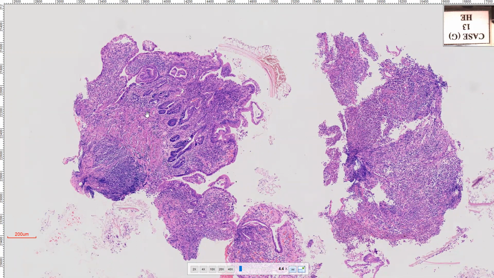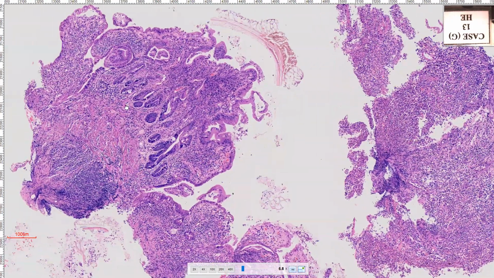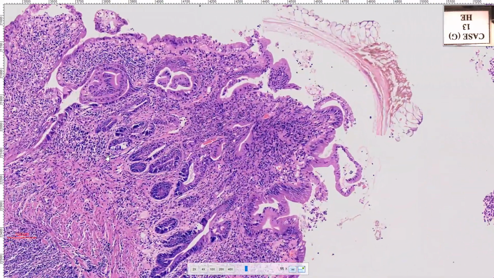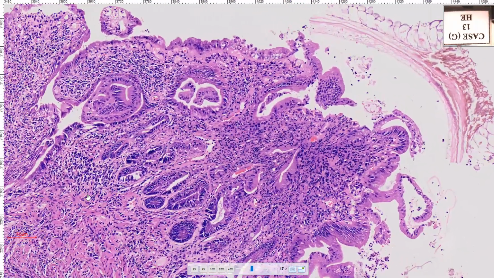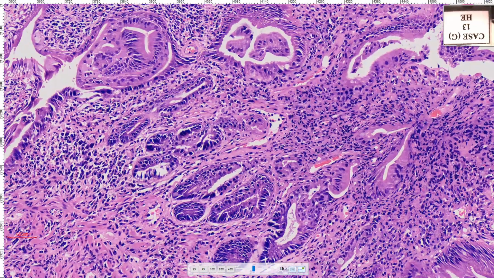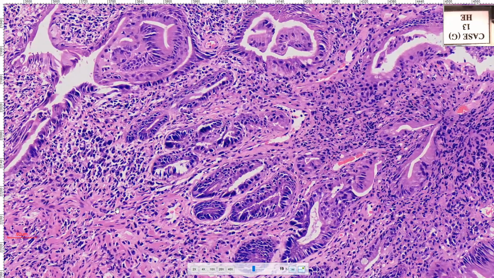So if you have an area of crypt shortening, where the crypts are not reaching up to the muscularis mucosa and rather are shortened in size, and the area where they are shortened is filled with plasma cells, that is the area being called basal plasmacytosis.